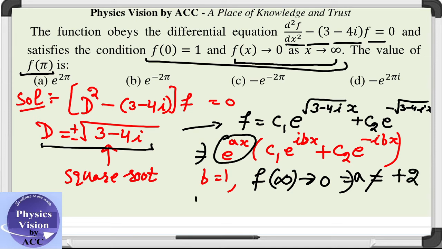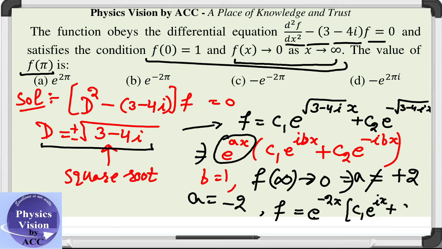That's why a has to be minus 2. So what do we get finally? We have the function equal to e raised to the power minus 2x, times c1 e raised to the power ix plus c2 e raised to the power minus ix. So this is our function now.